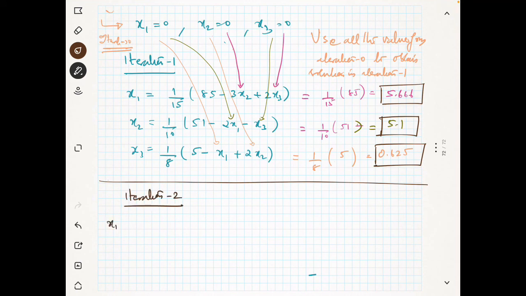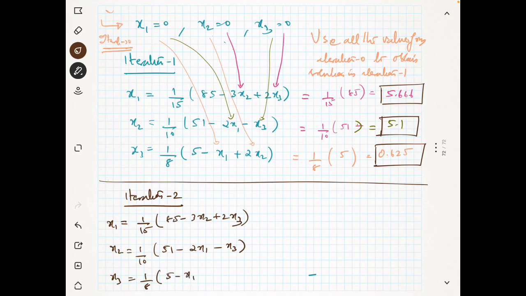I will use the same formula: 1 by 15 into 85 minus 3x2 plus 2x3, and 1 by 10 into 51 minus 2x1 minus x3, and 1 by 8 into 5 minus x1 plus 2x2. So here I will use the same formula.